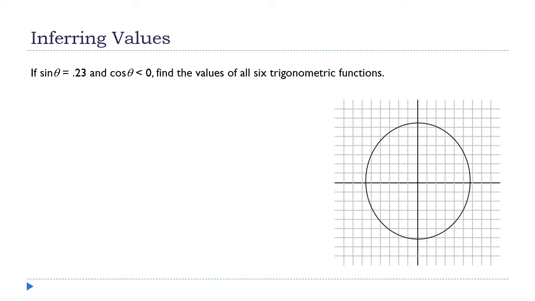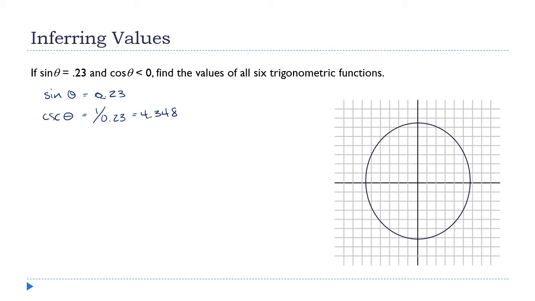First, if the sine of theta is 0.23, then I get the cosecant almost for free. The cosecant is 1 over the sine, so it's 1 over 0.23, which is 4.348. That's the easy one.